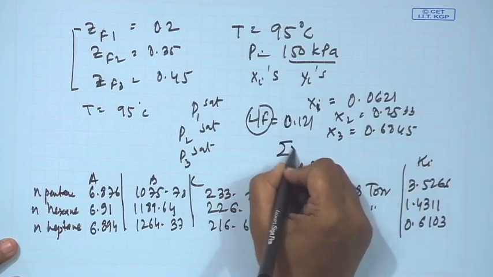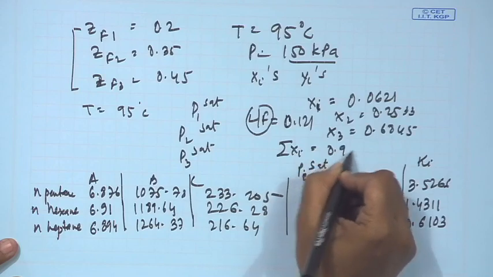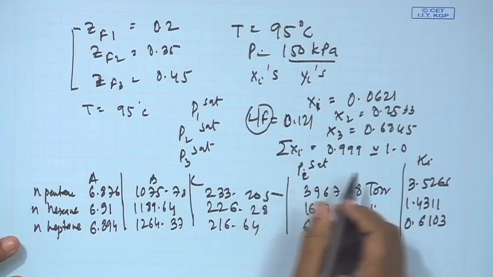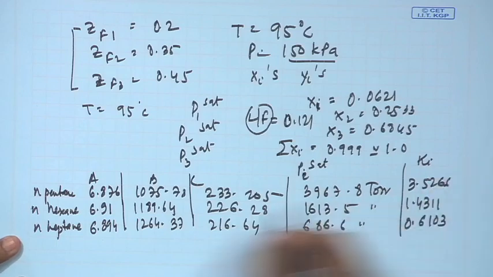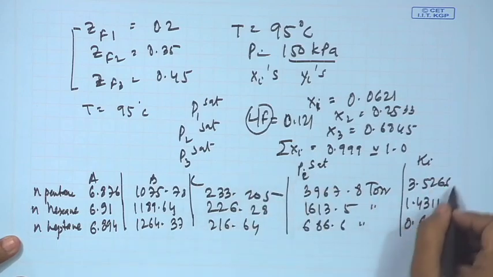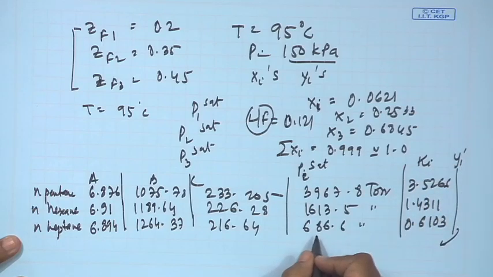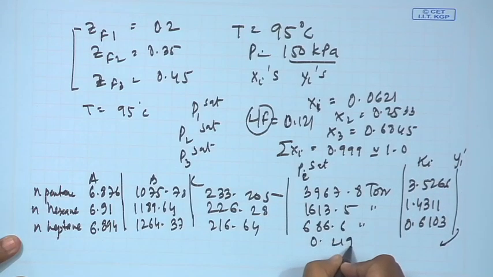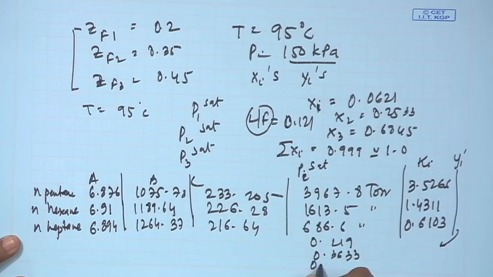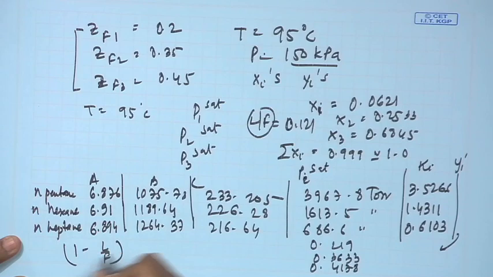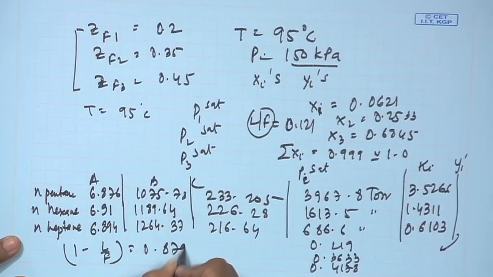More or less my sigma xi is 0.999, which I can take as 1 in this case. Accordingly, I find my yi's: 0.219, 0.3633 and 0.4178. Therefore, the fraction vaporized, 1 minus L by F, is equal to 0.879.